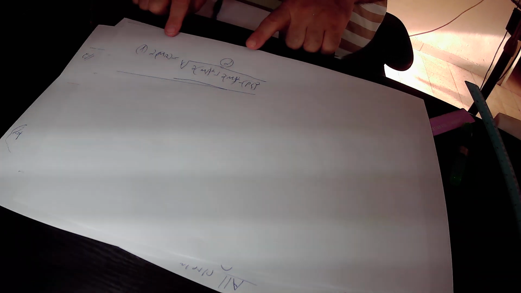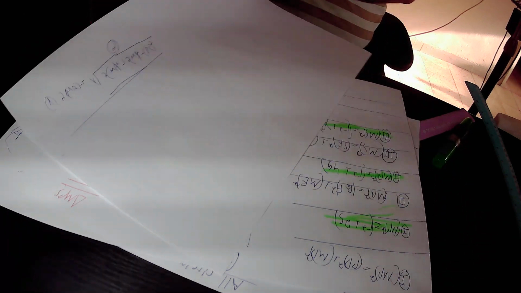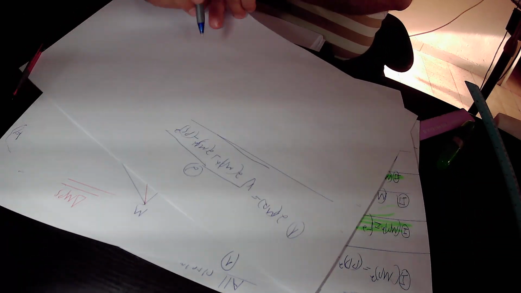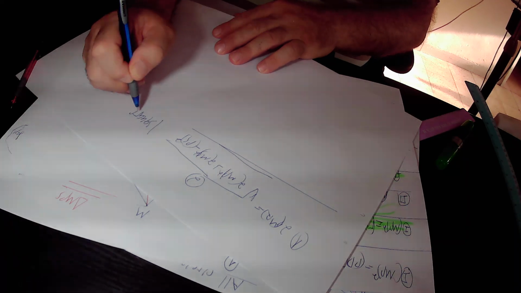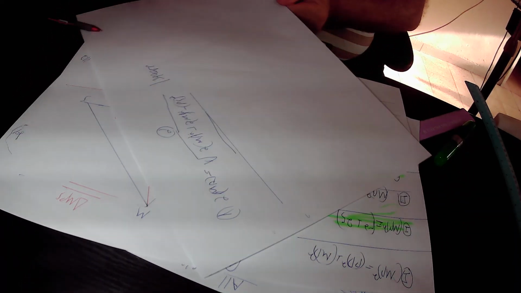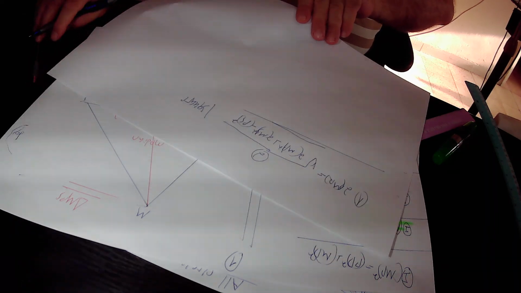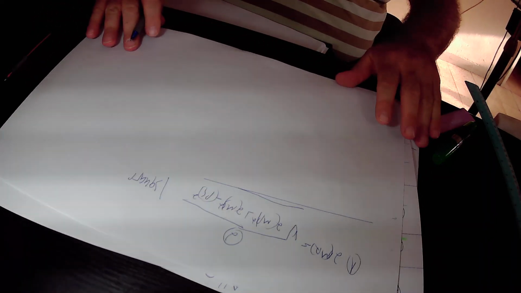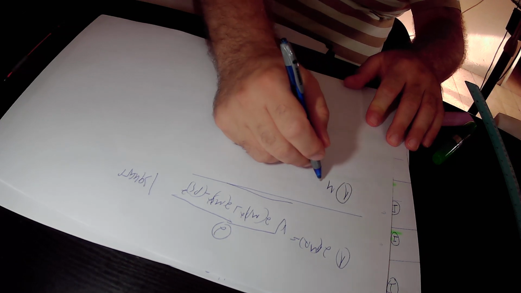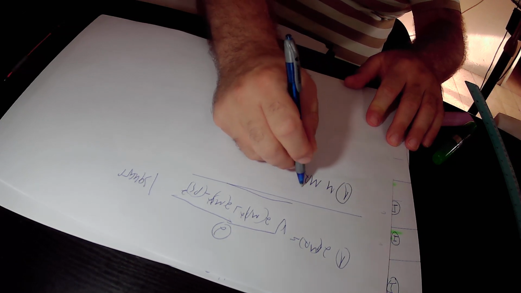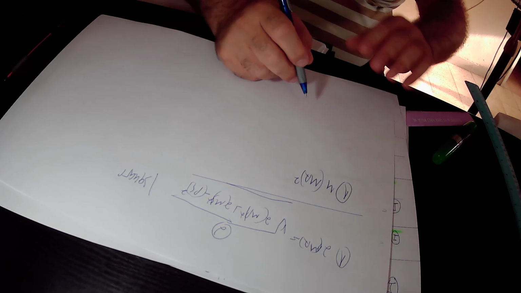So here we will square both sides of this equation 1. 2MQ squared is equal to 2 squared, that is 4, times MQ squared. So in total 2MQ squared is 4MQ squared.